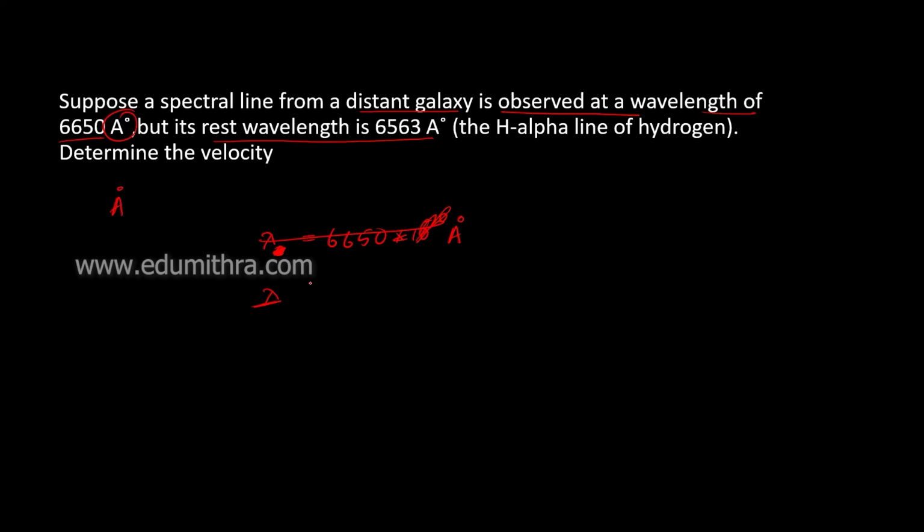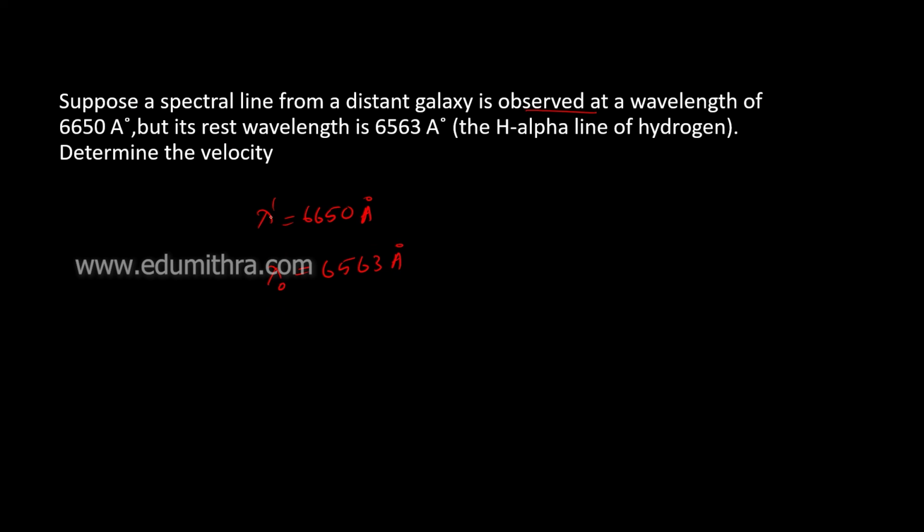So the observed lambda dash is equal to 6650 angstrom, and lambda 0 is equal to 6563 angstrom. This is the rest, and now the wavelength has increased, from 6563 to 6650.